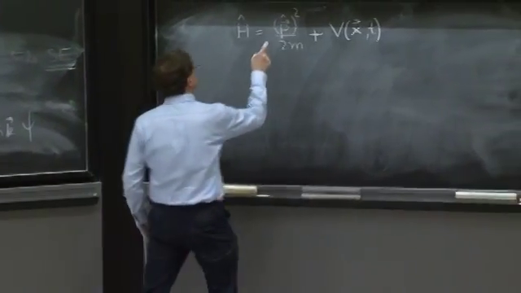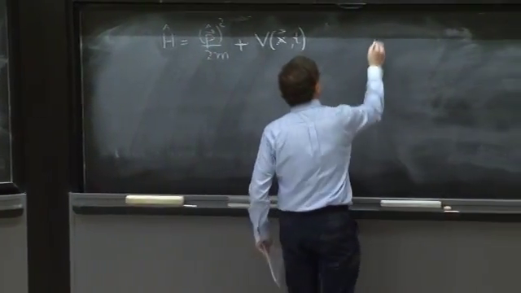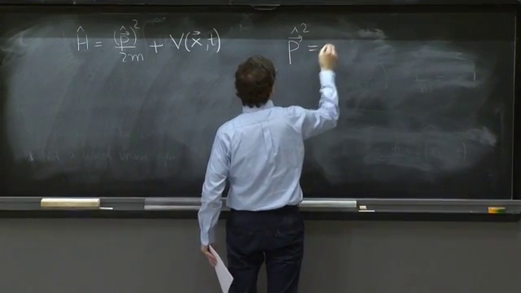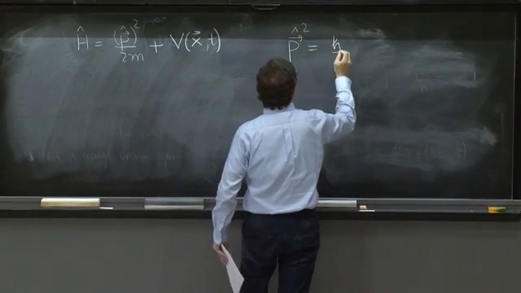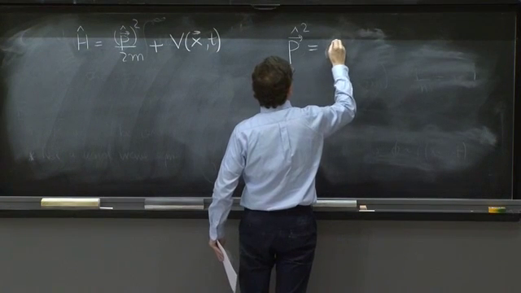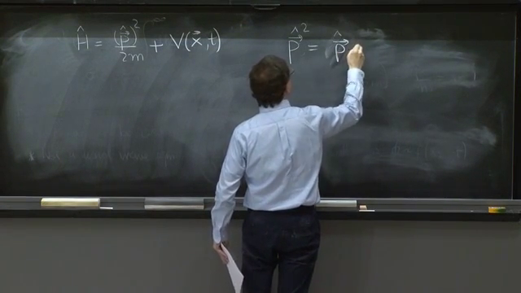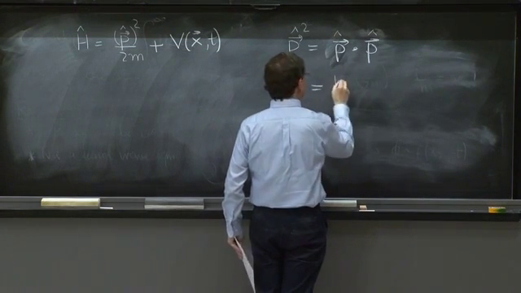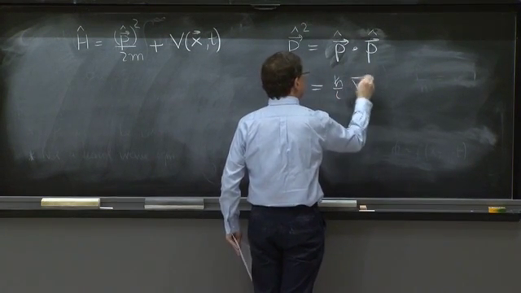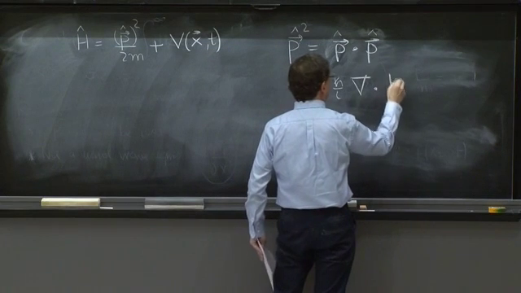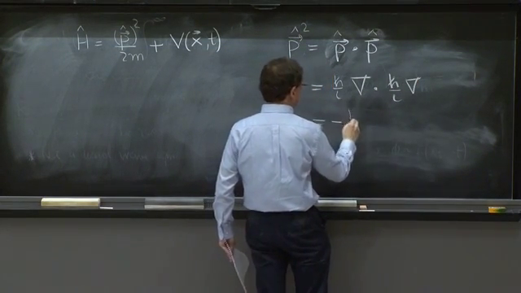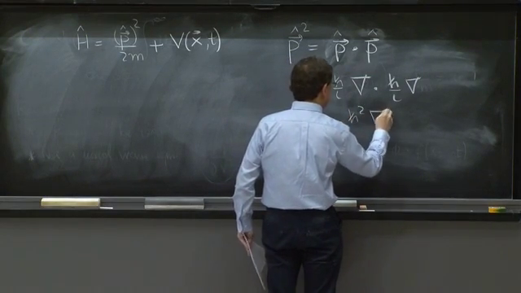And now what is p hat squared? Well, p vector hat squared would be p vector hat dotted with p vector hat. And this is h bar over i gradient dotted with h bar over i gradient, which is minus h bar squared Laplacian.